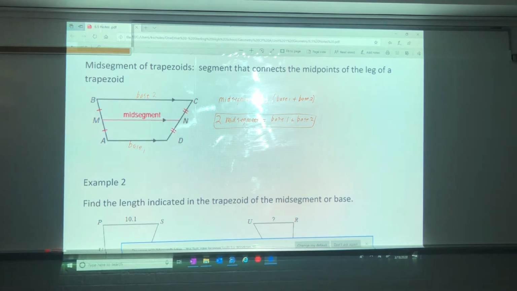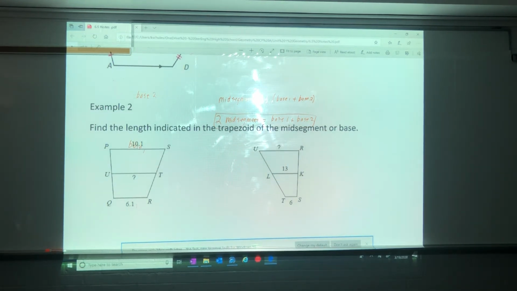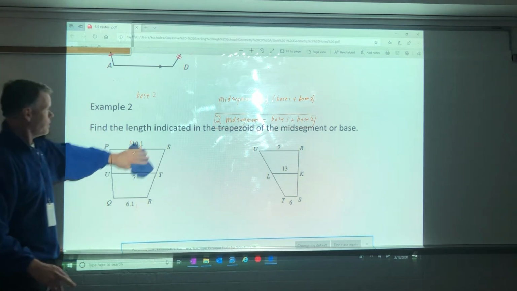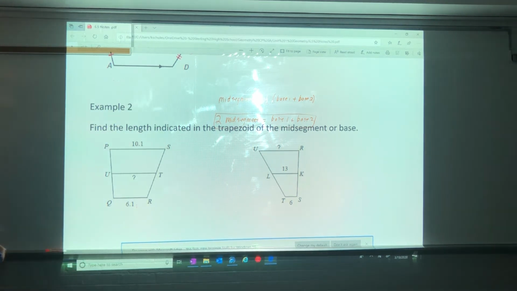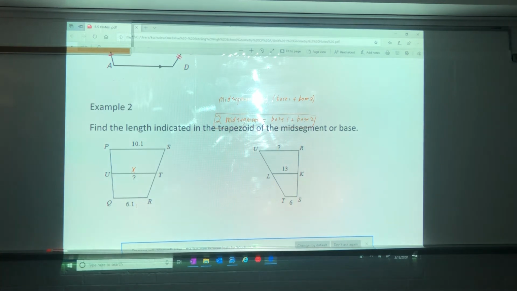Okay, so let's raise up our examples right here. And we're going to look at finding UT, or mid-segment. We're going to call this X. You have the question mark, but we're going to call it X. So this is your mid-segment.